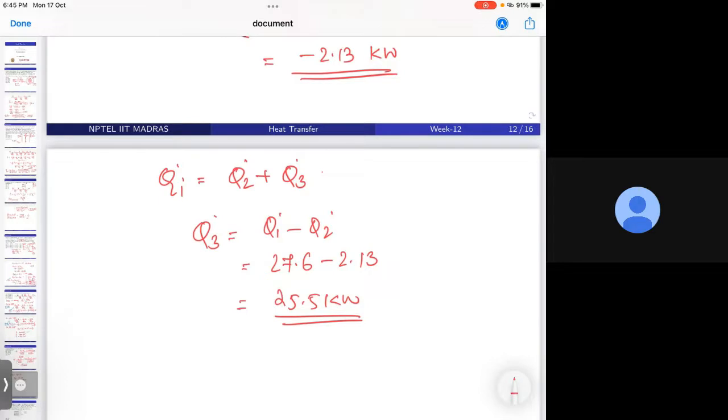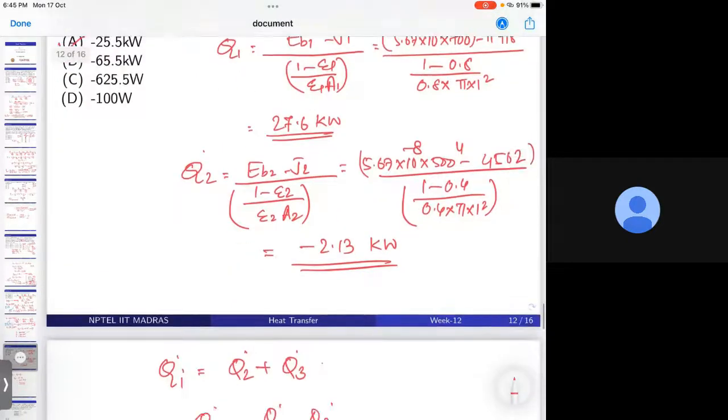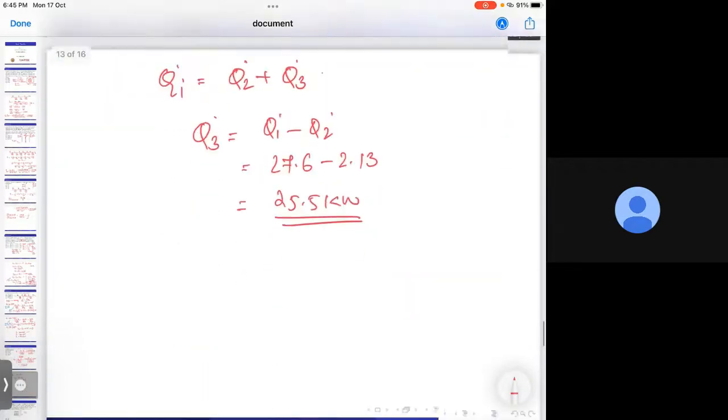We have to supply 27.6 kilowatts of heat to the top surface in order to maintain these given temperatures, that is 700, 500 and 400. Okay.